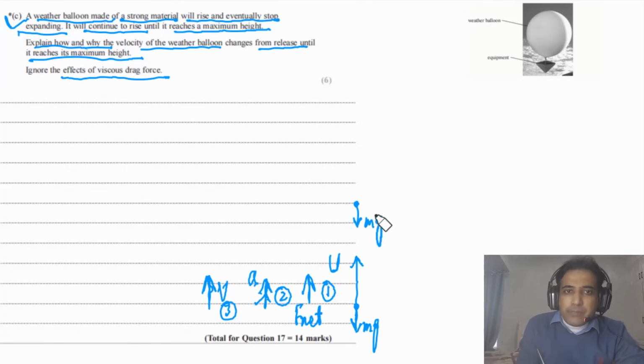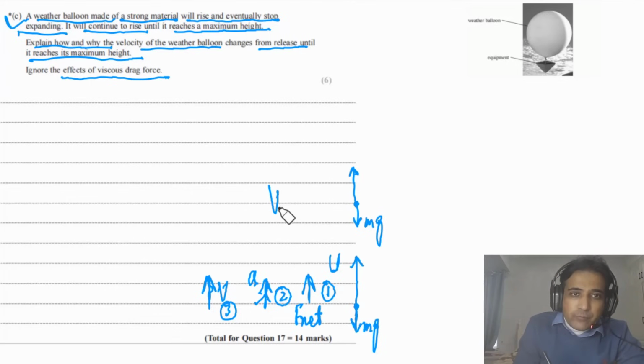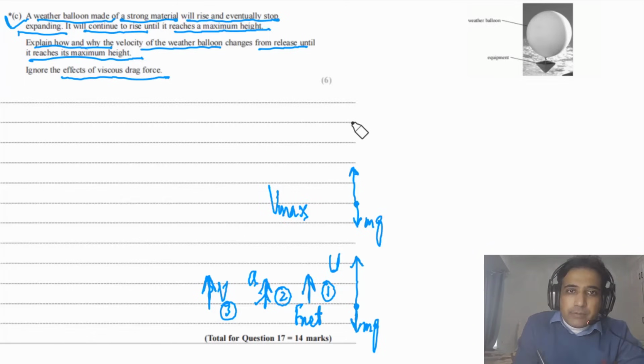So here we have mg, and at this certain height its volume is maximum. Now we need to understand that when the balloon is rising up, atmospheric pressure is decreasing, so the balloon will expand, and the density of air is also decreasing, so this balloon will finally reach a maximum volume, then it will stop expanding. And then we can take another point here.